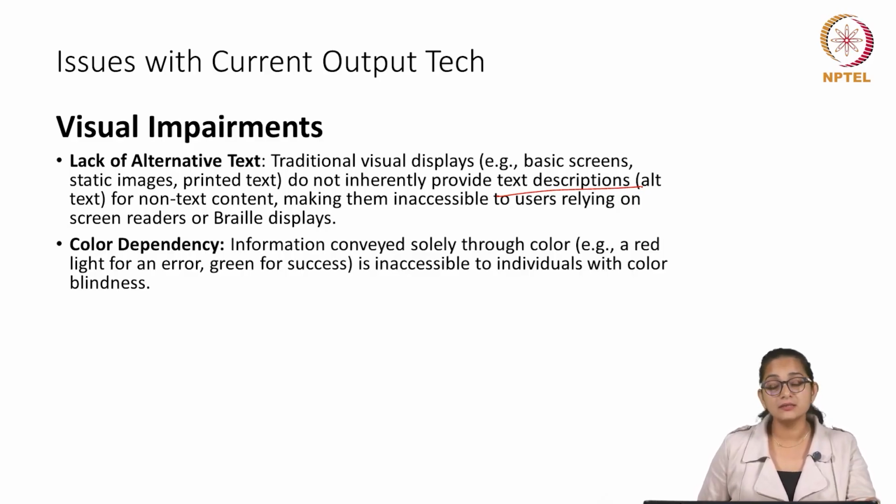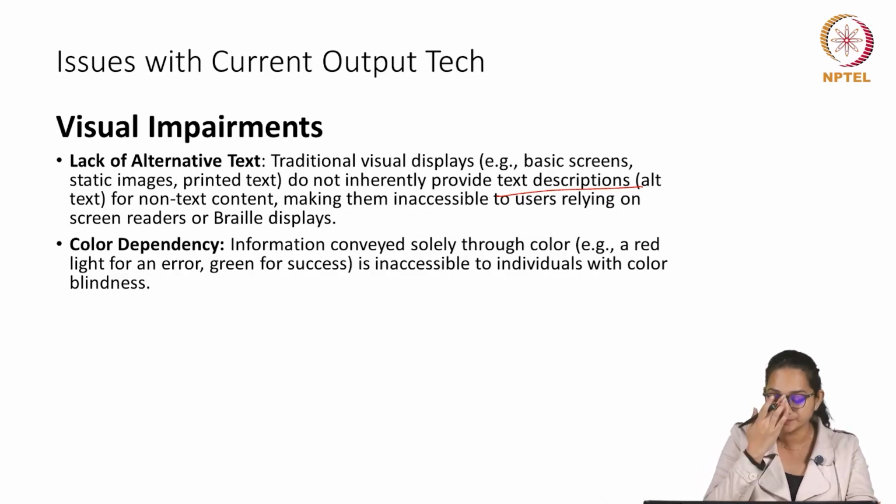Color dependency may be one of the aspects, that information conveyed solely through color without any labeling is also inaccessible for individuals not only with blindness but also with color blindness.